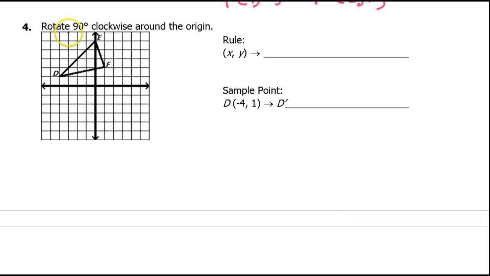Now, problem number 4, rotate 90 degrees clockwise around the origin. Remember, the rule for a 90-degree clockwise rotation is y, opposite of x. You just simply have to memorize those rules. And really what I recommend is to use the rule on all of the points.